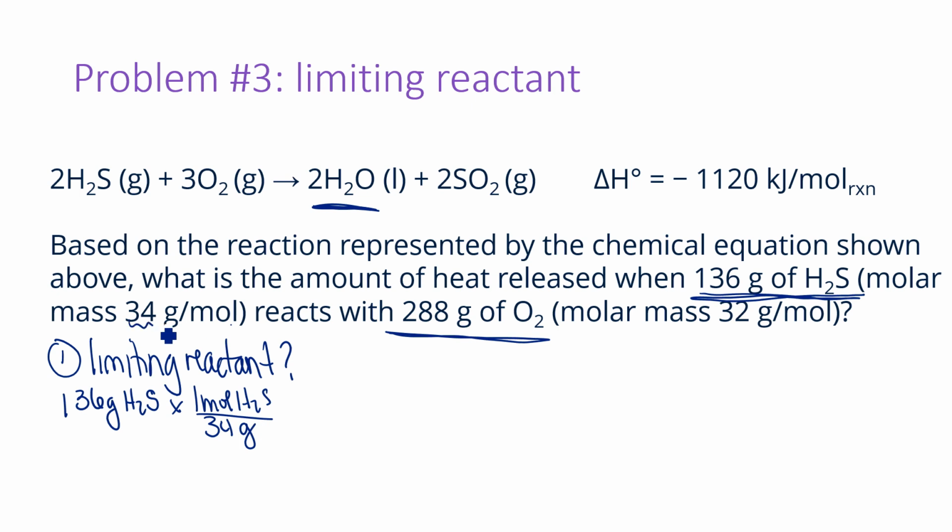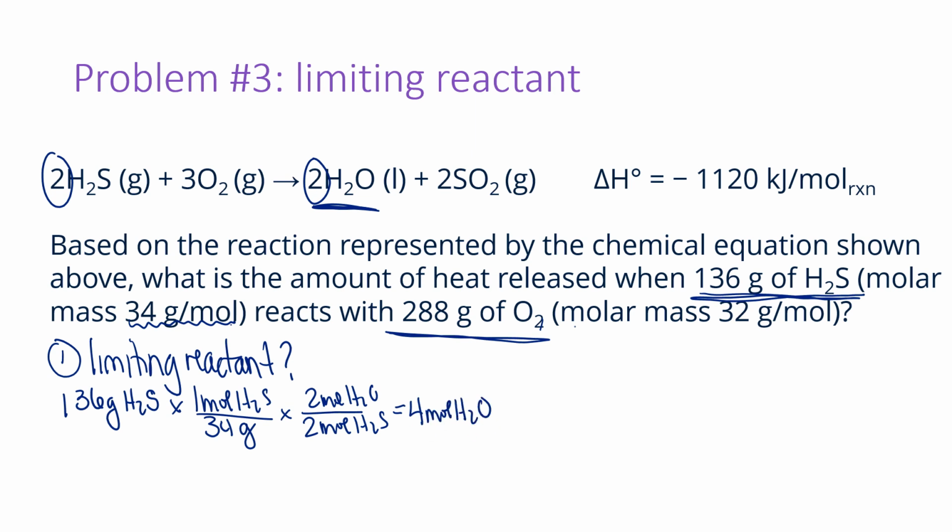Often on the AP test nowadays, they'll give you the molar mass, so don't bother looking it up on the periodic table if they give it to you already. Then we know that for every 2 moles of H2S, we make 2 moles of water. I got this from the coefficients in our balanced chemical equation. So it looks like 136 divided by 34. It looks like we have enough H2S to make 4 moles of water.